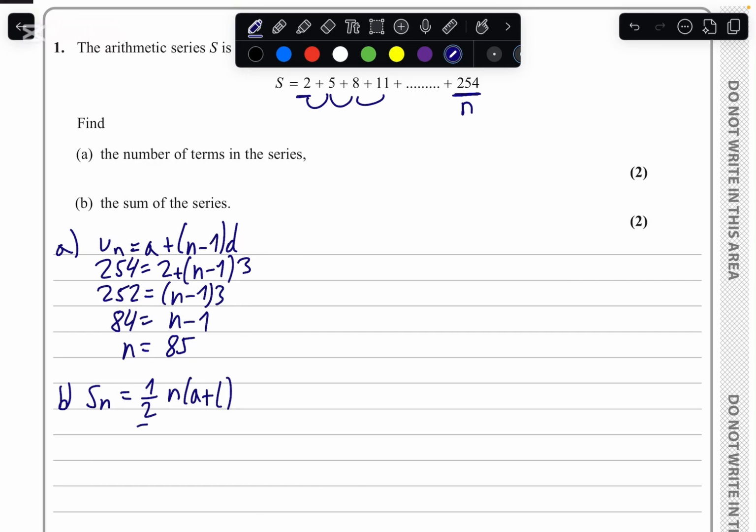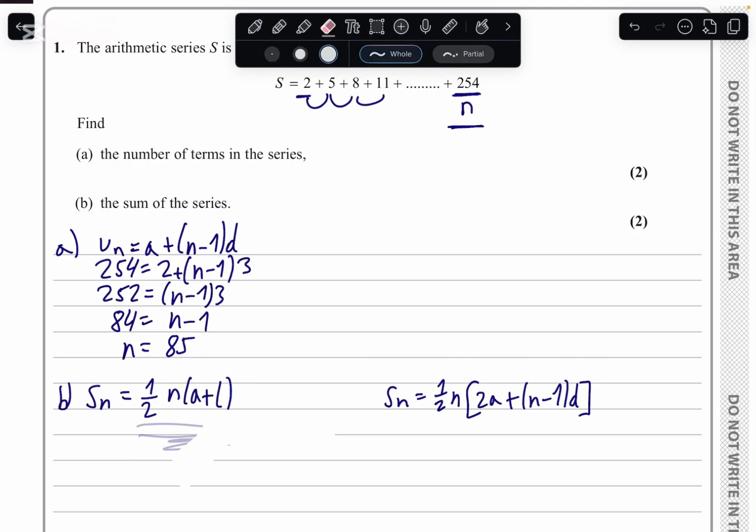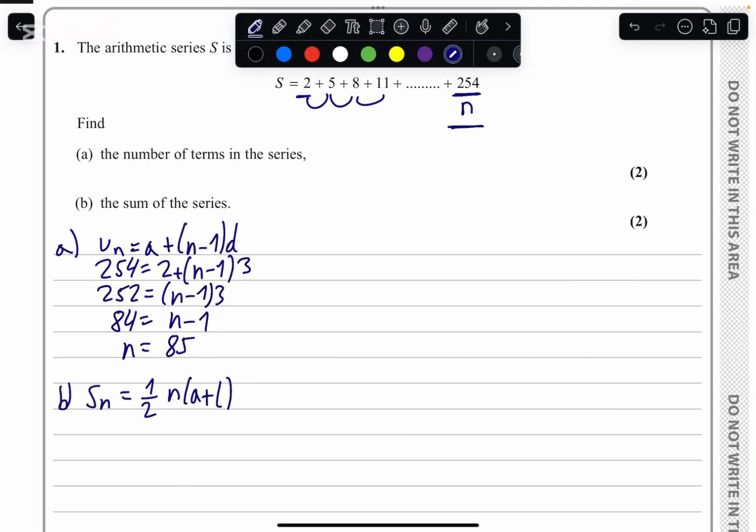One is this one, and the other is Sn equals half n times 2a plus n minus 1 d. But since the l here stands for the last term, and in this case we are given the last term, this one will be much easier to use. So we'll be using that one instead of this one. But the other one could also be used.